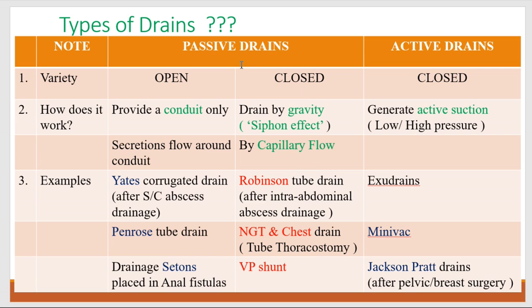Closed passive drain: Robinson, Ryle's tube or intercostal drainage tube, and VP shunt, right? All these, Robinson, NGT and chest drain along with VP shunt, have closed chamber drainage, right?